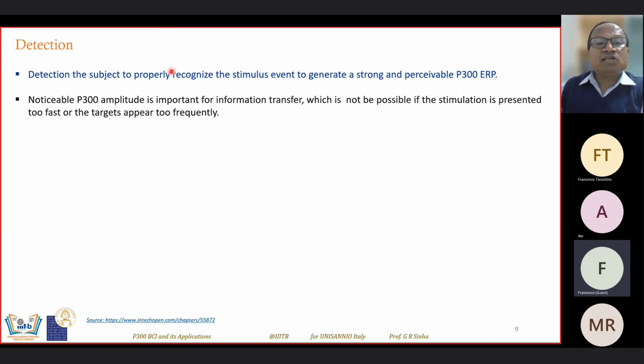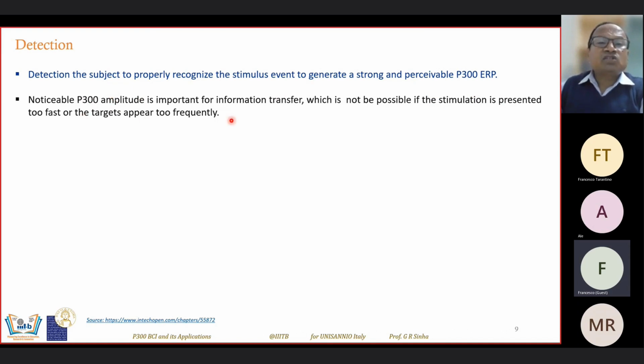If the generated stimulus is very weak and the response is very weak, then it cannot be transferred. For appropriate information transfer, it must be noticeable, which is not possible if the stimulation is presented too fast or targets appear too frequently. Let me explain this. If the stimulation on a board that a person is watching is presented very quickly, then it won't generate that amplitude noticeably.